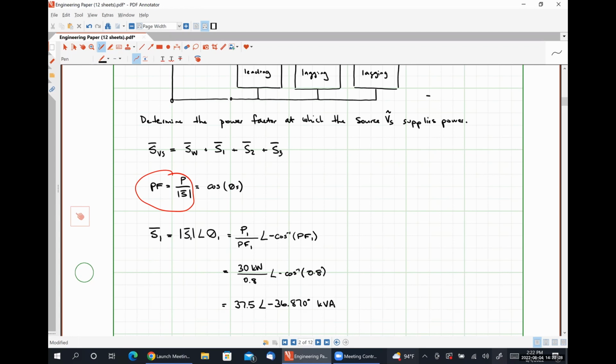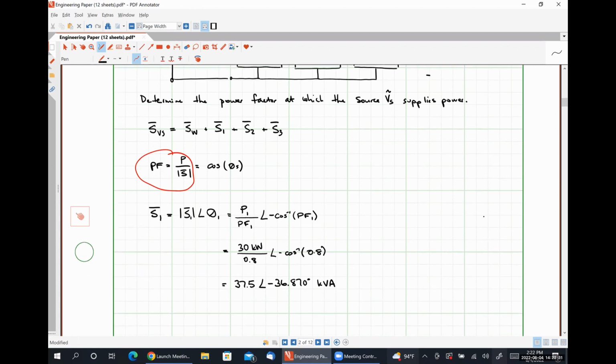We can do something similar to determine the complex power absorbed by load 2.